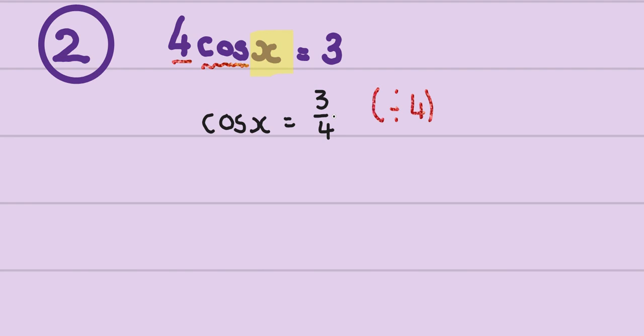At this point, you do this just like the previous example. We multiply both sides by cosine raised to the negative exponent, so on the left-hand side, we won't write it out, but we know that that is how we got rid of cosine. So x is therefore equal to cosine raised to the negative exponent multiplied by 3/4.